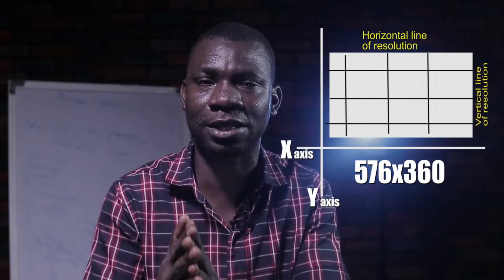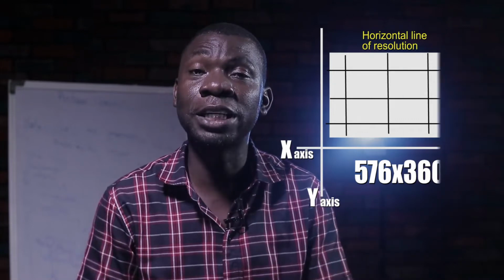Now, I remember many years back when some video cameras came into Nigeria, we were shooting in resolution as low as 576 by 360, which is very low to 1K resolution.